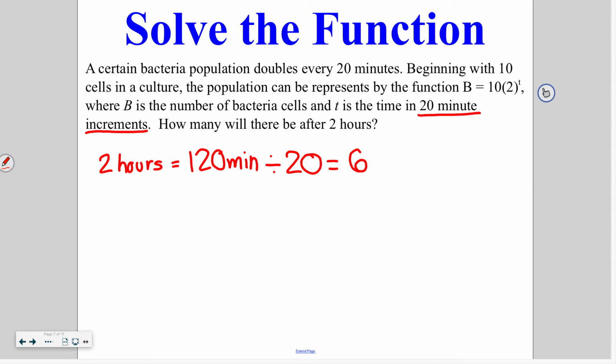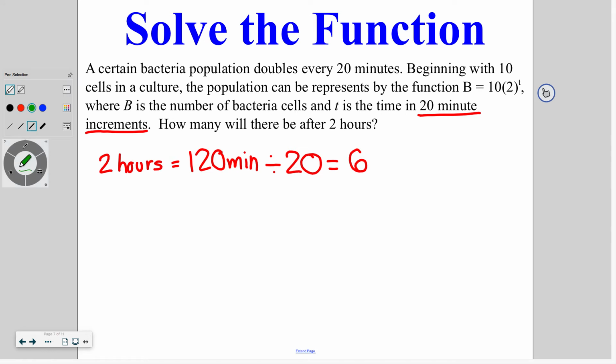Some of the other problems will give you a starting year. So for example, years since 1990, and then they'll give you 2017, and you would have to go back and calculate the difference between 1990 and 2017, which would be 27 years. So a lot of these problems with exponential functions, you have to be careful with what you are plugging in for your t value.